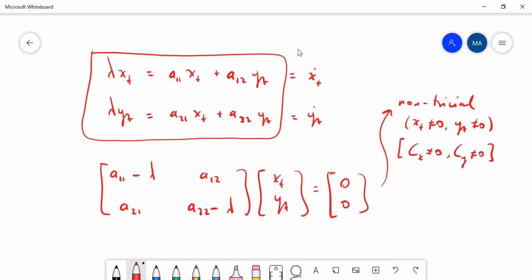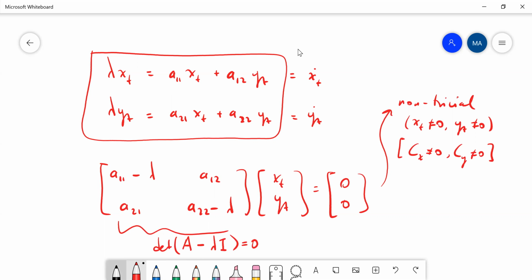This further requires that. Now, for this to occur, I need the determinant of this matrix, and this matrix, if you look at it carefully, is A minus lambda I, right? This determinant must be equal to 0. Why? Well, if this determinant is not equal to 0, the slopes are different. If slopes are different, the only solution is at 0, 0, right?